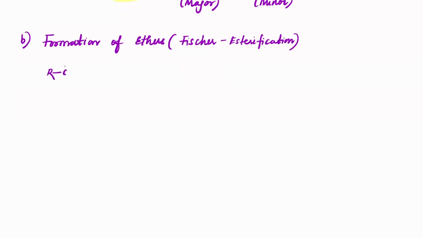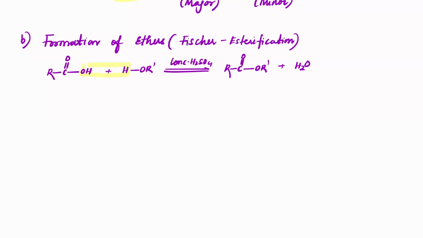If you have RC double bond OOH with HOR dash, that is alcohol, in the presence of concentrated H2SO4, then we will end up getting an ester RC double bond OR dash plus H2O. If you clearly notice, the OH from the acid side and H from the alcohol side is eventually released after the mechanism, and that's how you get an ester.